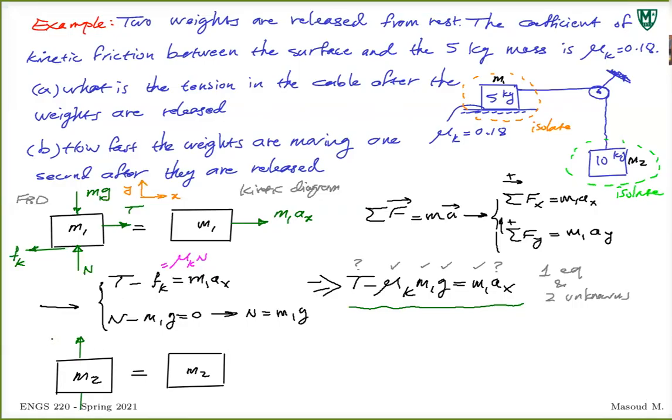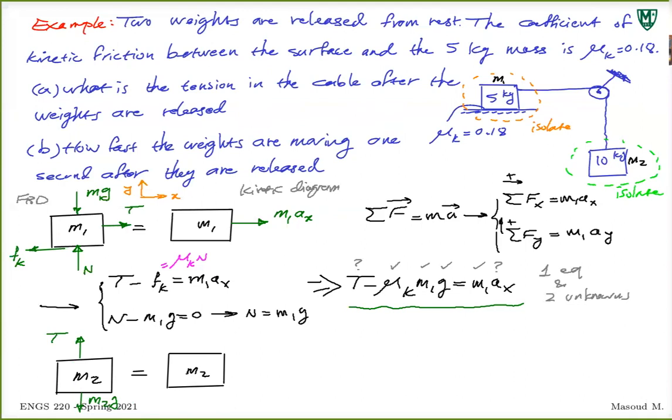This, I'll call it T. Remember, tension is the same throughout a cable or chain or rope, or a thread or wire. That was the main assumption we made when we introduced those 5 forces in statics. And this is the weight, M2 g.